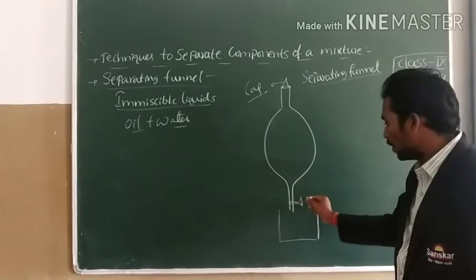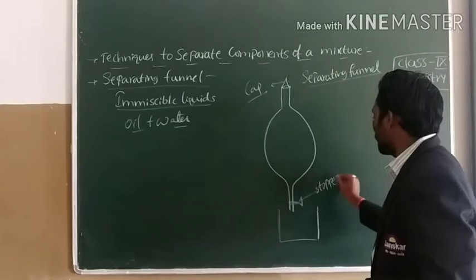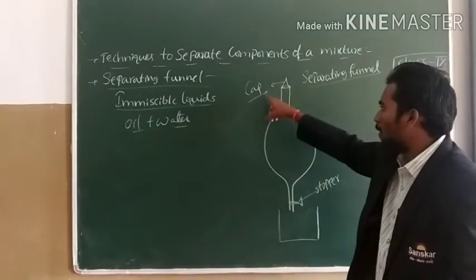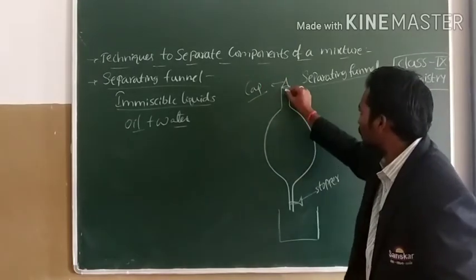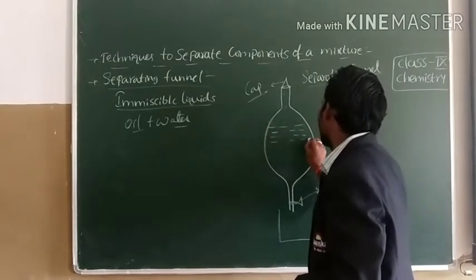We should close the stopper. You can also call it a stopper. We should close the stopper, and we have to open the cap of the separating funnel. Then through this we can add the liquid mixture, children. Immiscible liquid mixture.